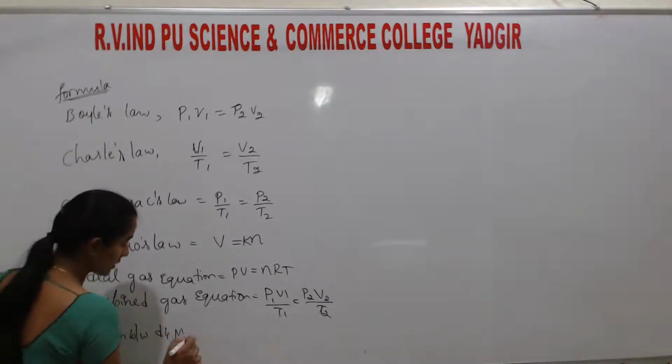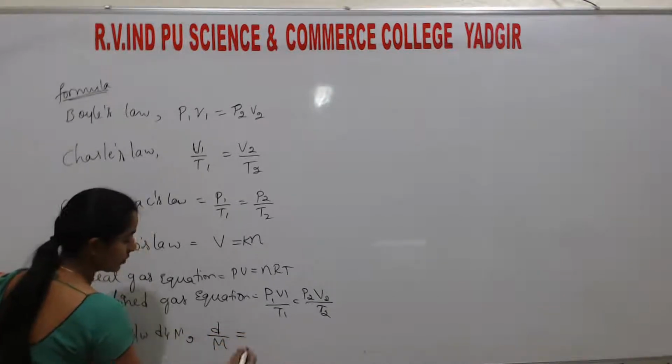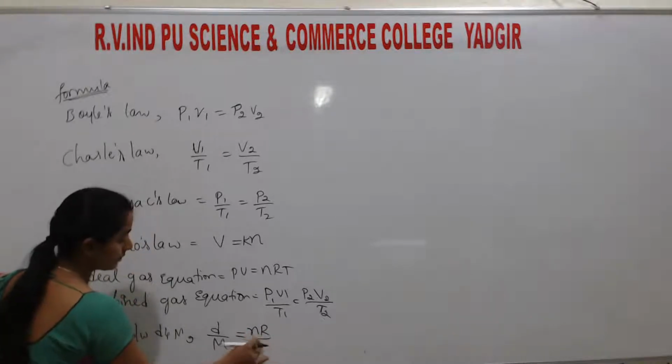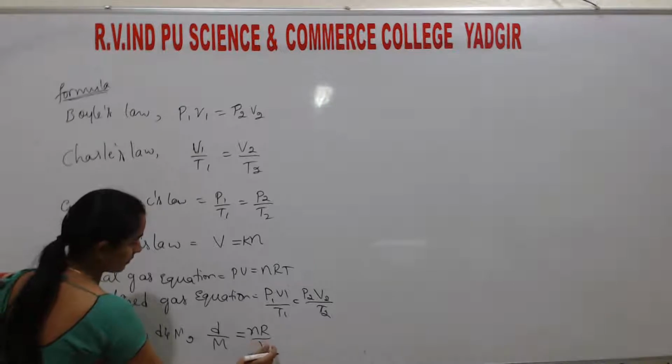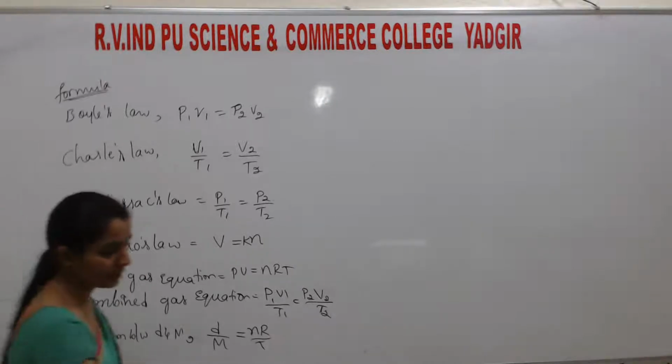So in the last class I wrote d by M is equal to P by RT.